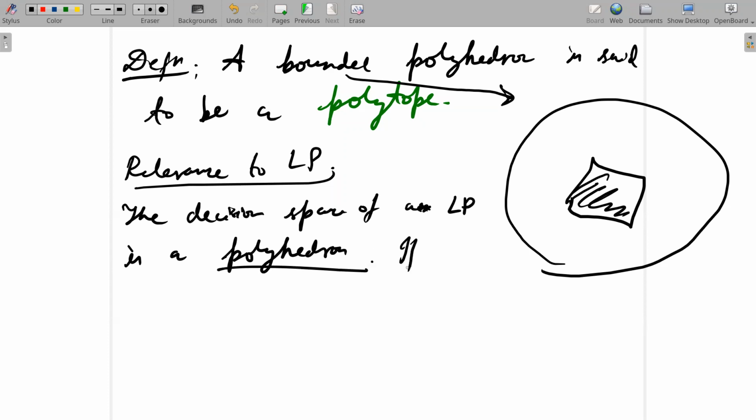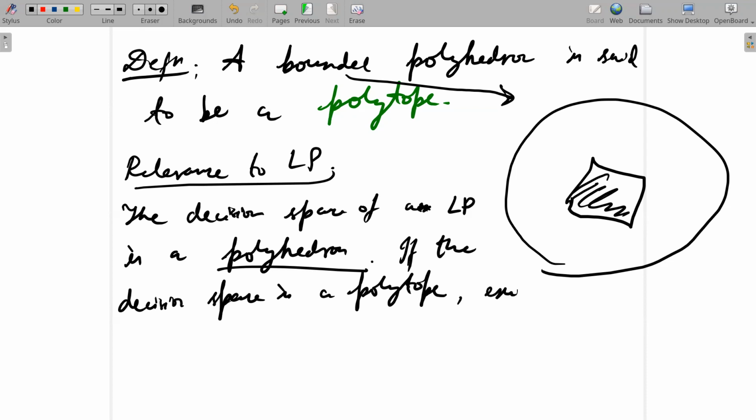If the decision space is a polytope, if by some means you can show that it is a bounded polyhedron, then you know that the existence of a minimum or maximum of the objective function is guaranteed. Then it just becomes a matter of finding that point.